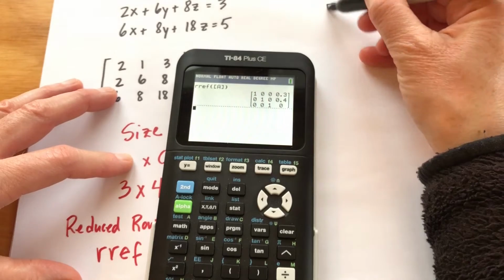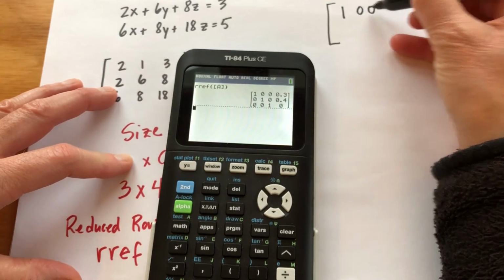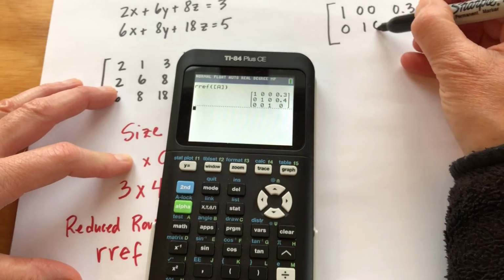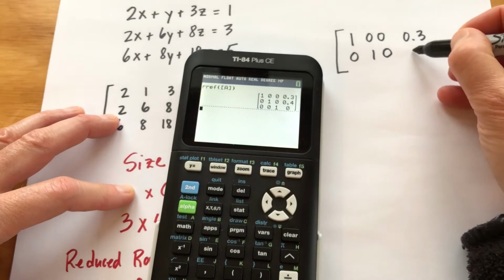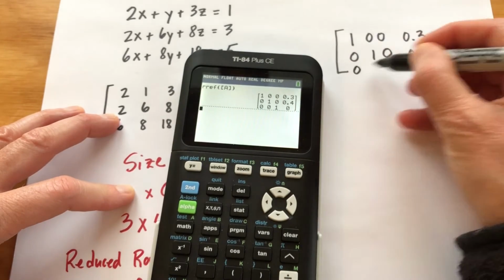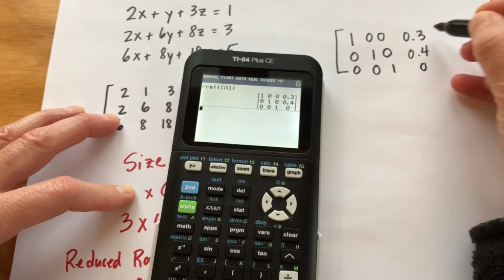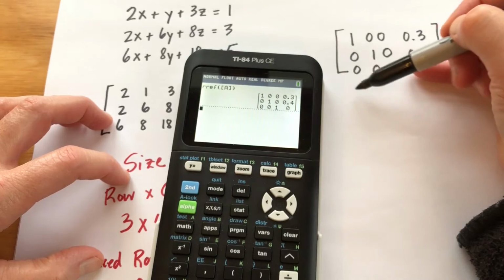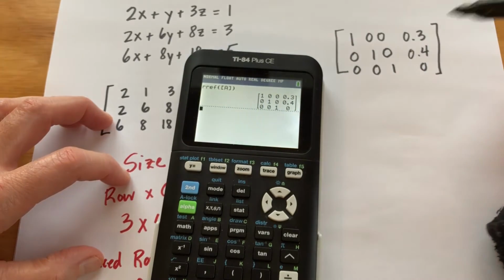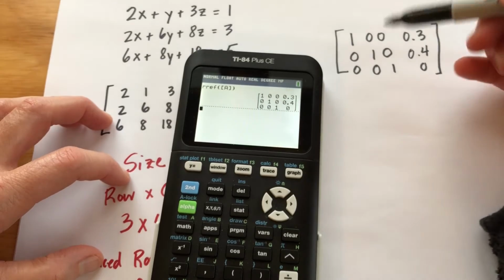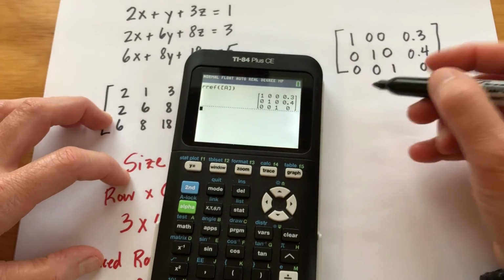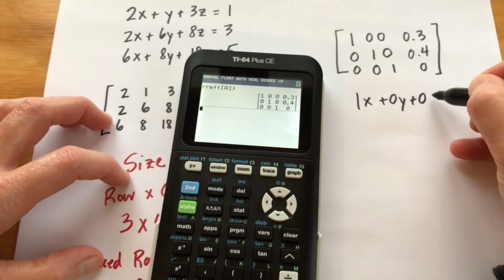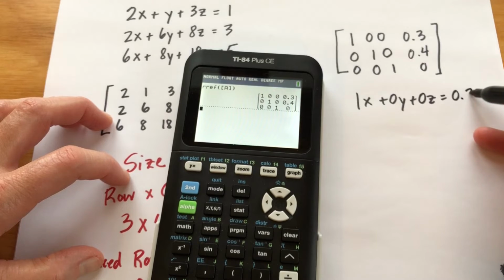All right, let's just kind of break this down and talk about it just a moment. So what the calculator has given me is the matrix 1, 0, 0, 0.3, 0, 1, 0, 0.4, and 0, 0, 1, 0. And if you'll recall from systems of equations, our first column was representing the coefficients for the variable x. So basically what we have in the first row here is 1x plus 0y plus 0z equals 0.3.